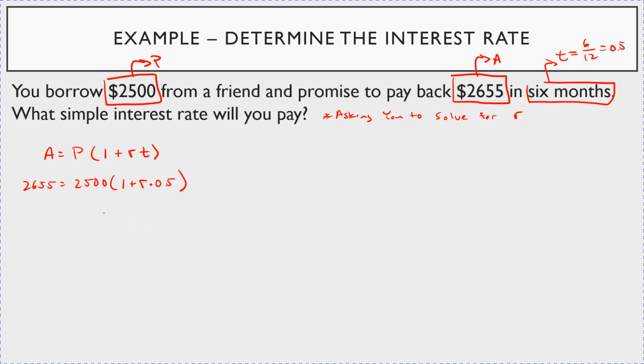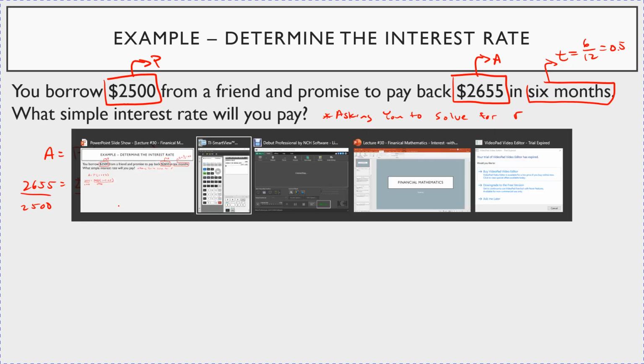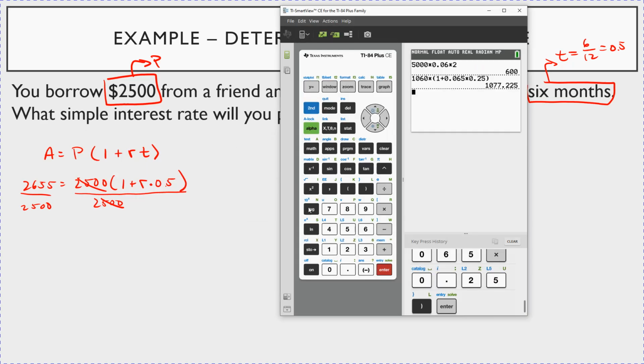If you wanted to solve this, what you would do first is get rid of the 2,500 in the front here. So let me divide each side by 2,500. So 2,500 cancels. You would take 2,655 divided by 2,500. You get 1.062.